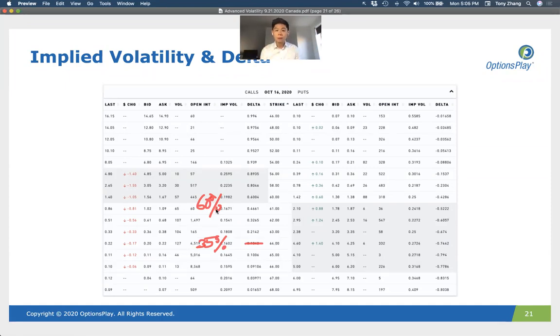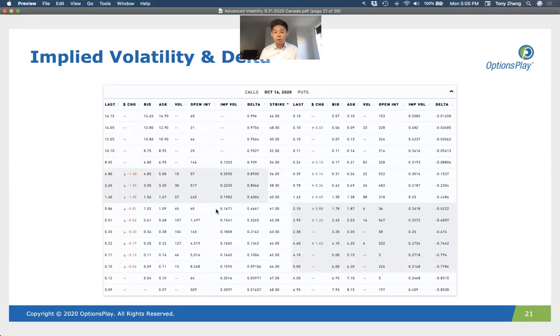And this is a very important theory to understand, because that's how we select strike prices. We select strike prices based on volatility. The more volatile a stock is, the further away we want to sell those call options. And the less volatile the stock is, the closer we want to sell those call options.